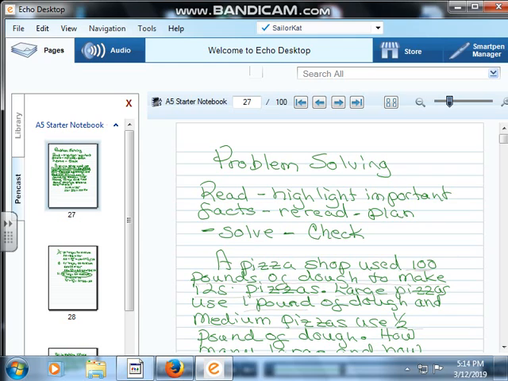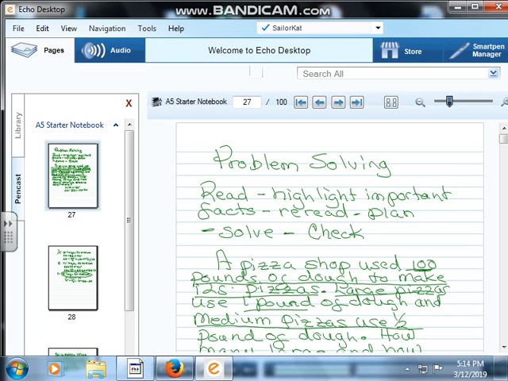Okay, the first thing I'm going to do is highlight. In this case, I'm going to underline my important info. So this is very important, 100 to make 125 pizzas. Large pizzas, 1 pound of dough. Medium pizzas, 1/2 pound. And I'm going to reread the question.